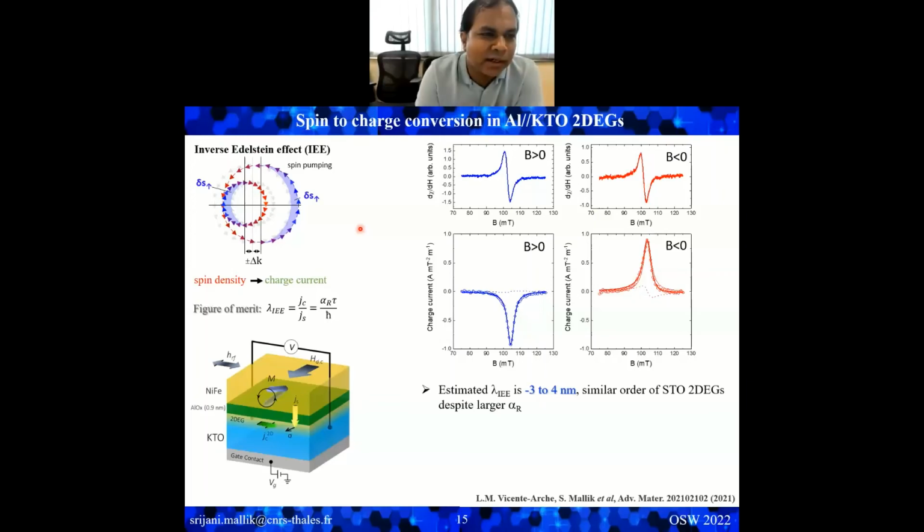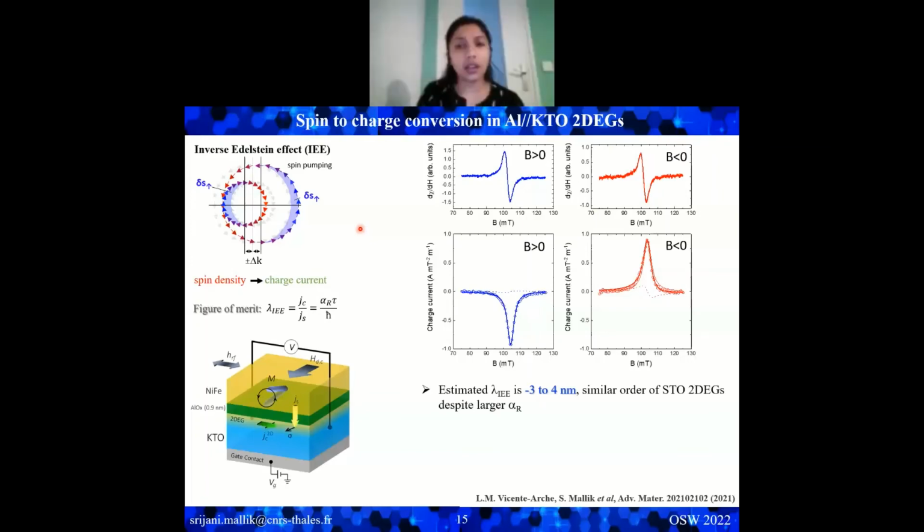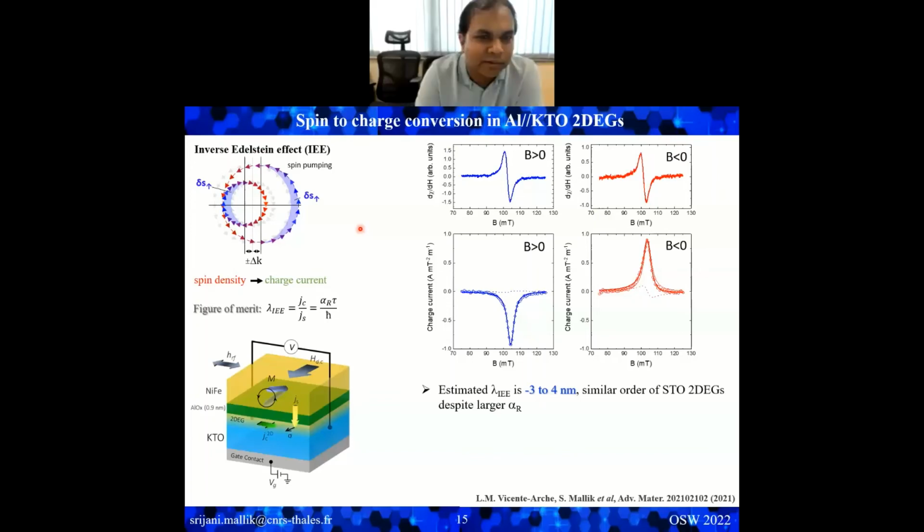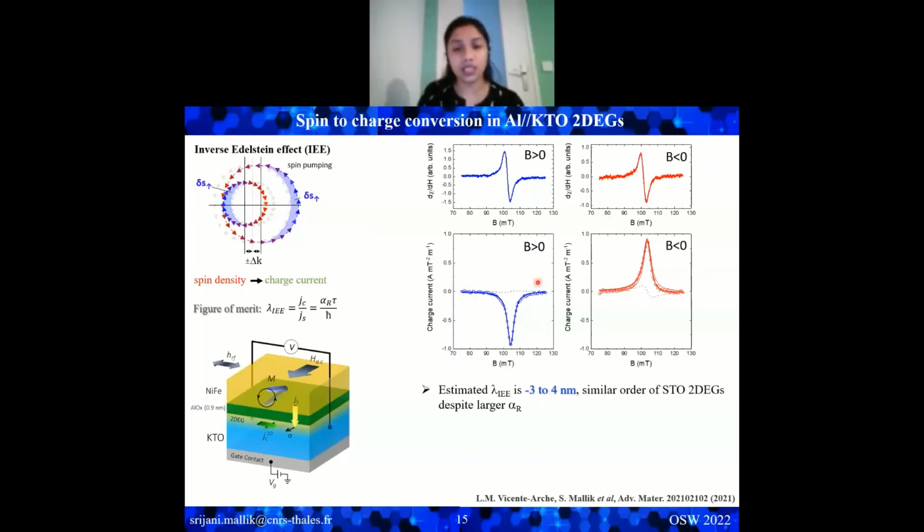I'm asking from a general experimental point of view. You need some reference. Positive or negative basically depends on which lab you are in. So do you use some kind of reference that this is positive, and then accordingly you know? No, but when we measure with respect to the magnetic field, we can clearly see from the signal which side the conversion is coming from. Also, we always do theoretical studies from which we can determine the sign.